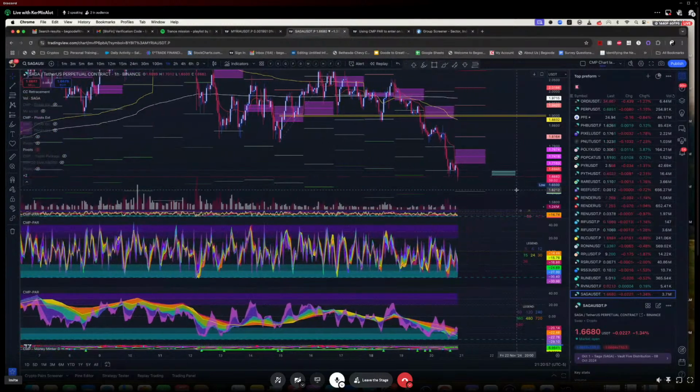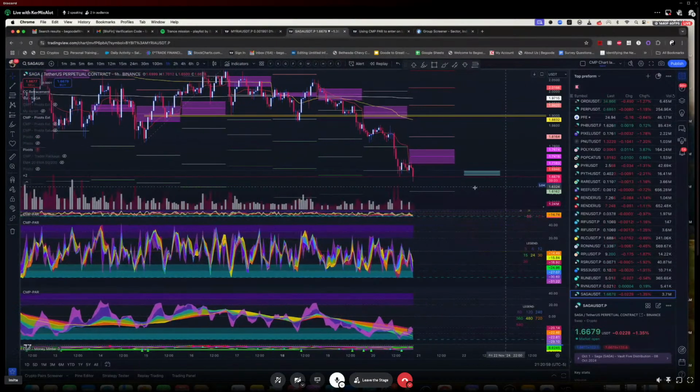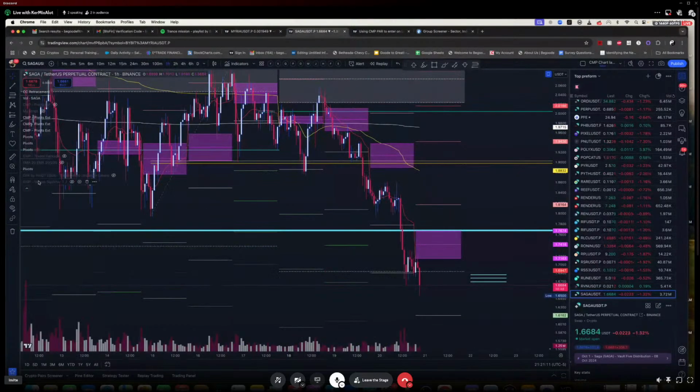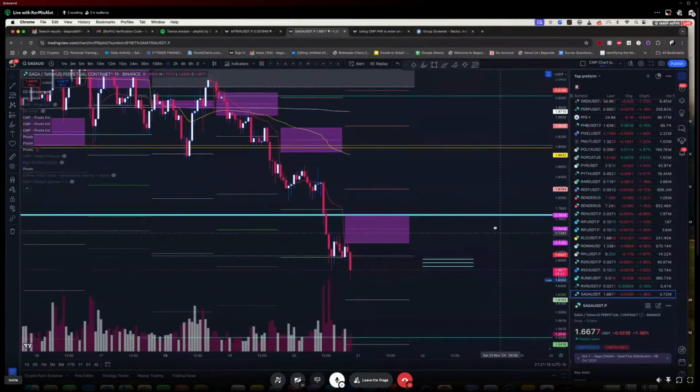So yeah, right now this is a falling knife. I don't really see any levels here. Let me turn up some more pivots, see if I can see anything. Yeah, I'm doing some TA on my own. See if we can find some confluence here.